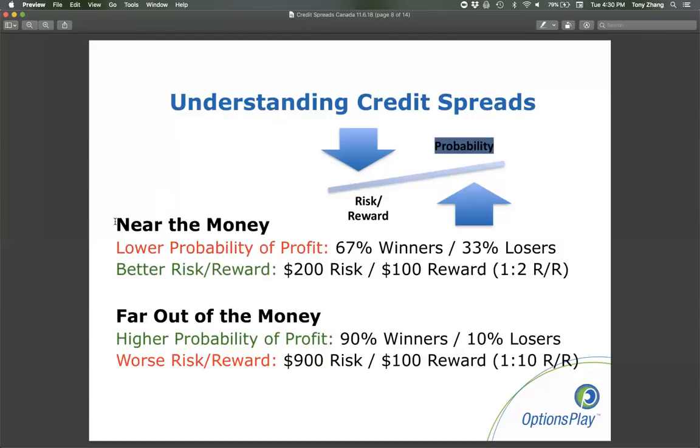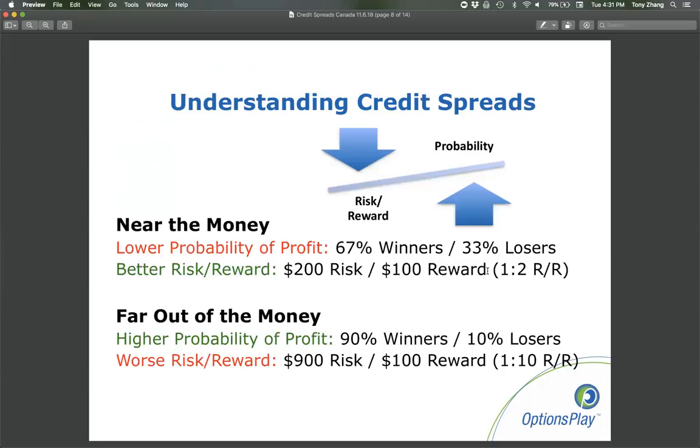When you're selling near the money strikes, and I'll show you what that looks like with some real examples later, they generally tend to have a probability of profit in the range of 60 to 70% winners, about two thirds winners versus one third losers. These are characterized by trades that have a risk to reward of roughly 2 to 1, meaning you're risking roughly 2 times the premium, or the credit, that you're collecting.